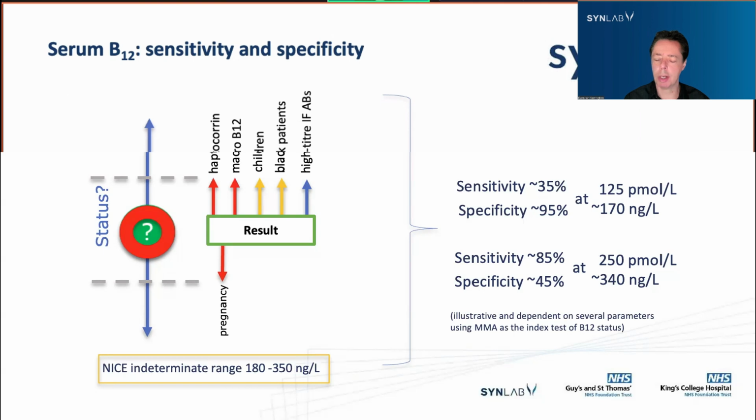But unfortunately, if you take this approach, the specificity of the assay drops dramatically down to 45. This means that in most cases, the people you are telling are deficient are absolutely not deficient and they don't need treatment. And let's remember, sometimes treatment for B12 deficiency is lifelong.